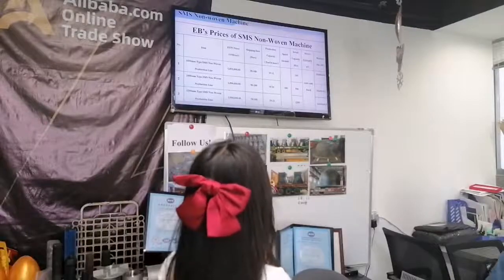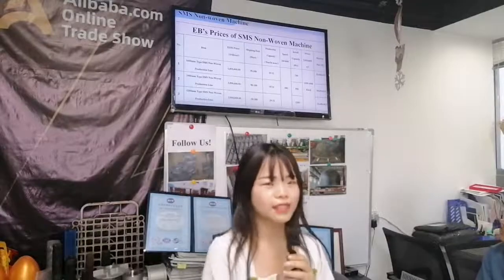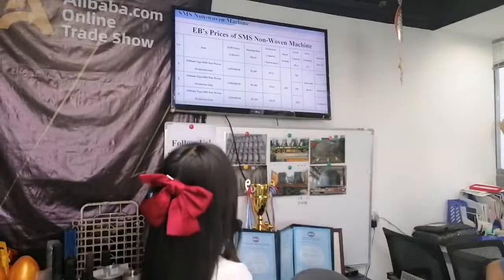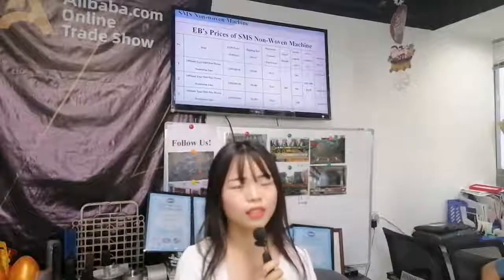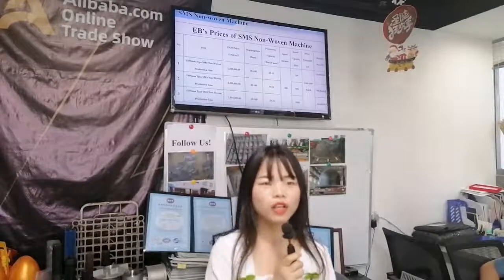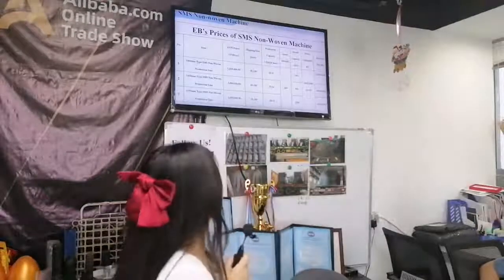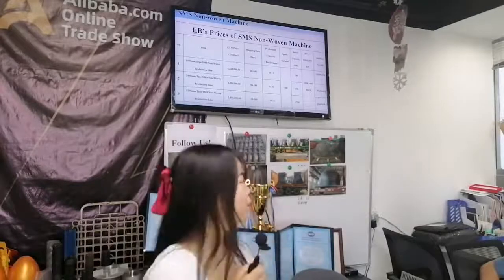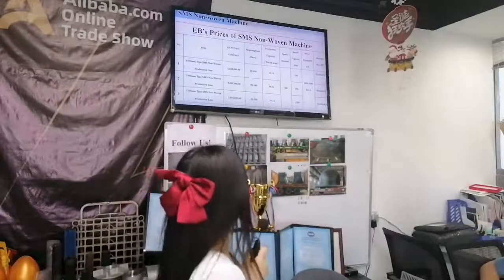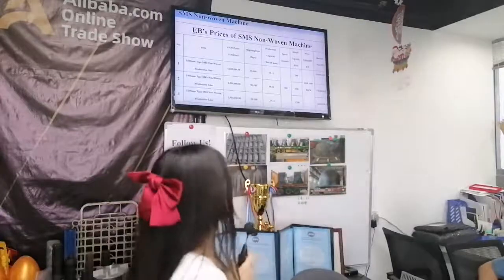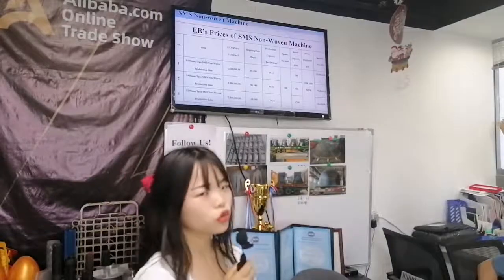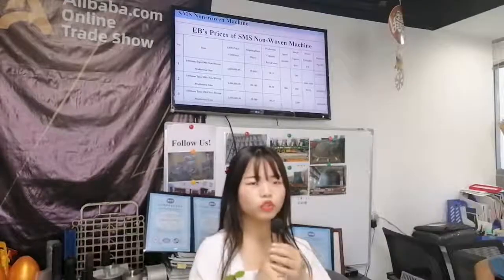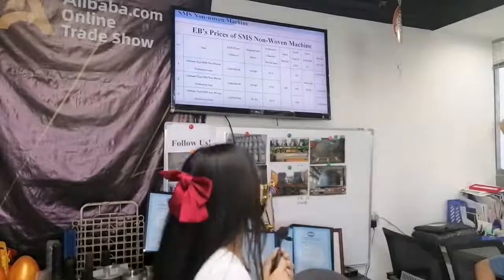Now we can look at EB price of SMS non-woven machine. Type 1 is the 1600 mm type SMS non-woven production line. The product price is 182 million. Ship date is 19 to 118 days.